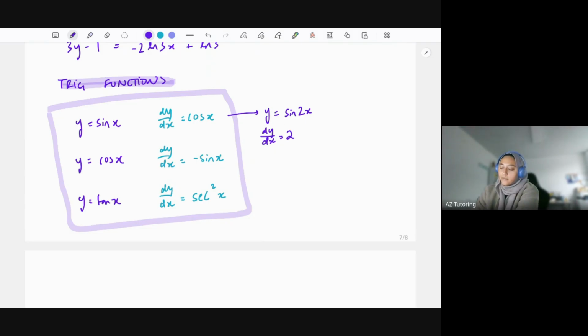You put that on the outside, and then the differential of sine is cos, so it just becomes cos 2x. So just remember that number you differentiate on the inside, you bring it on the outside.